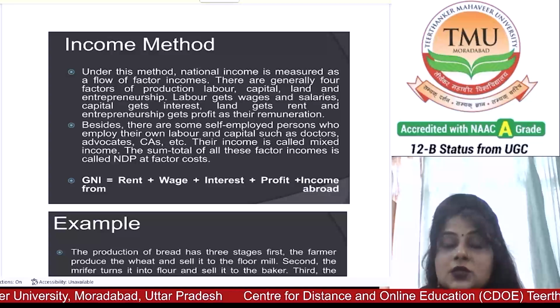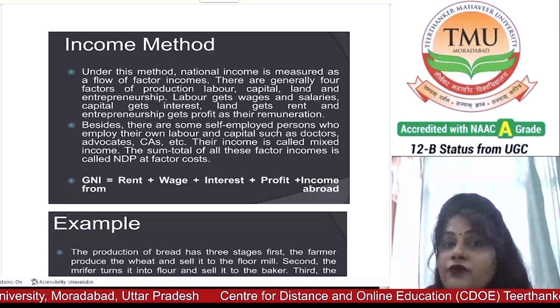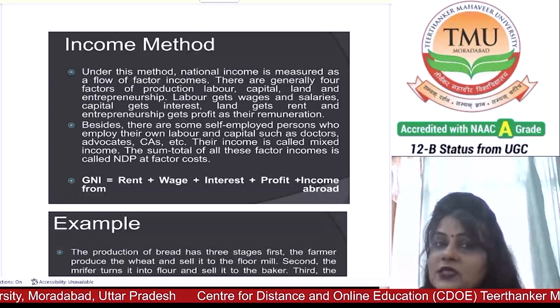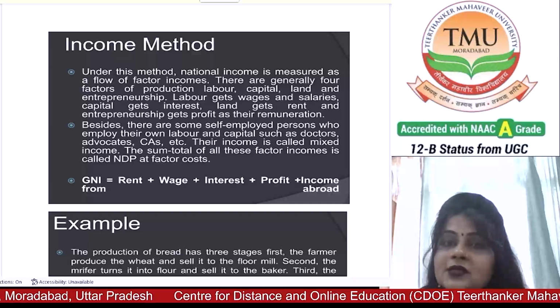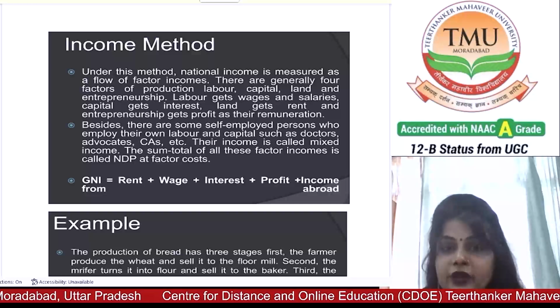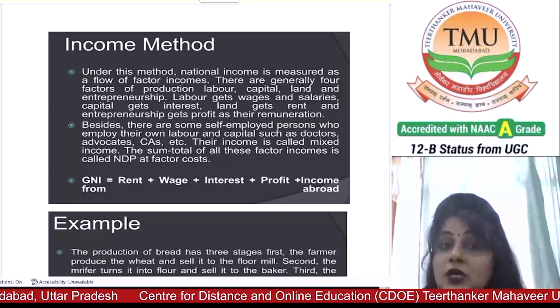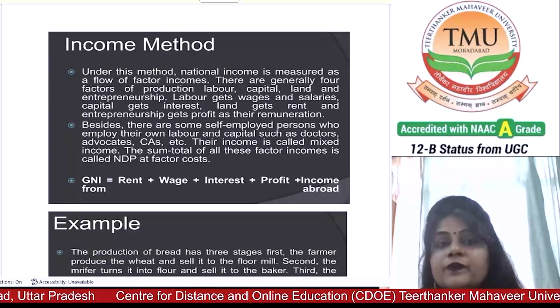COE consists of three elements. First of all, wages and salaries in cash. It consists of all monetary benefits like salaries, wages, bonus, commission, dearness allowance, etc.